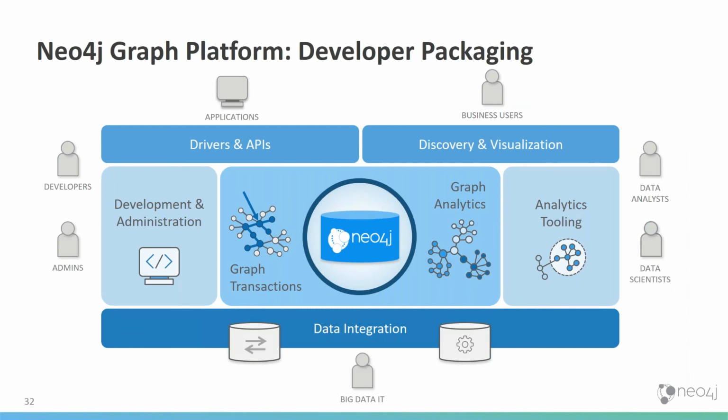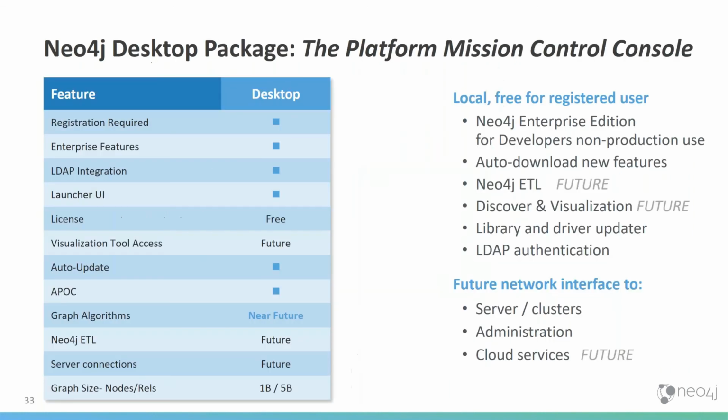So that ultimately, I've re-illustrated the platform itself, and now let's talk finally about the investment we've made for development users themselves. We've introduced the Neo4j Desktop package, and the way to look at this is it's the mission control console for everything that you might want to be doing now or in the future in Neo4j.